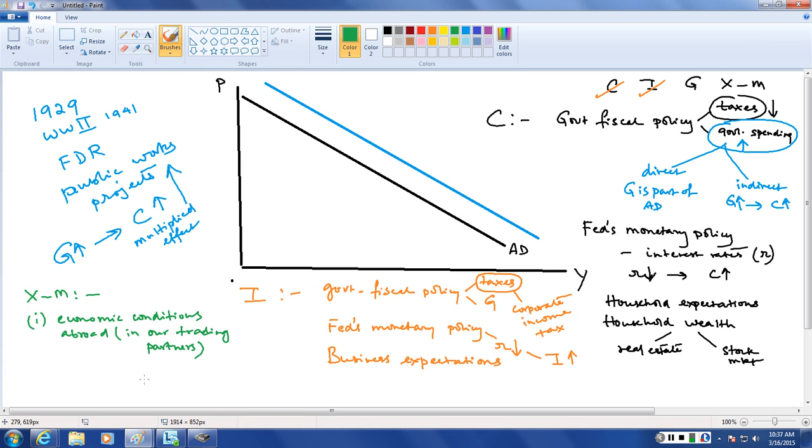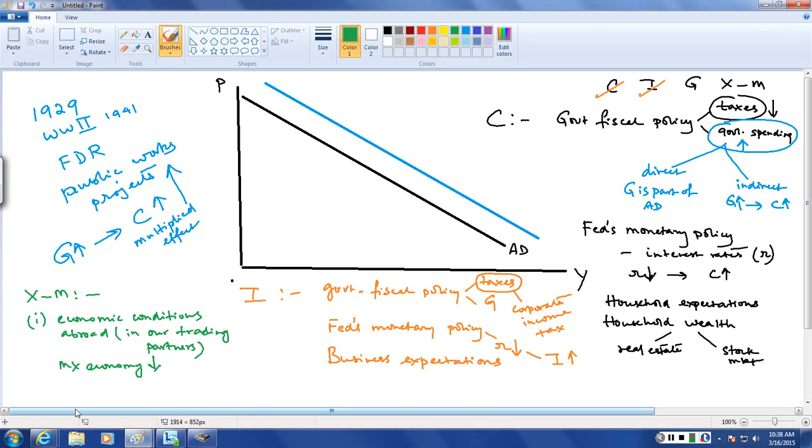Right? Now let's consider Mexico, since we live here at the border with Mexico. So let's see what economic conditions in Mexico will do to US net exports. Let's say that the Mexican economy suffers a recession.